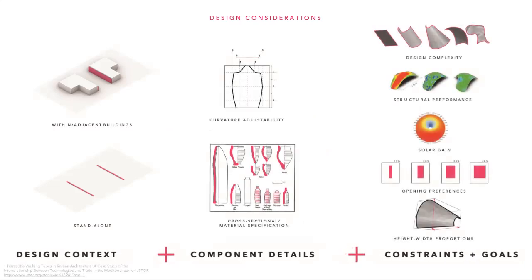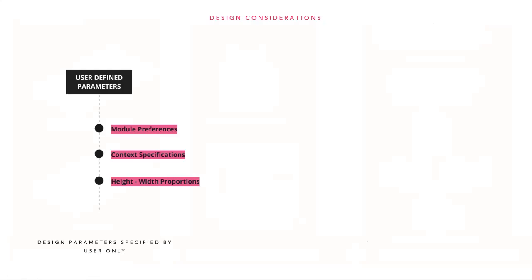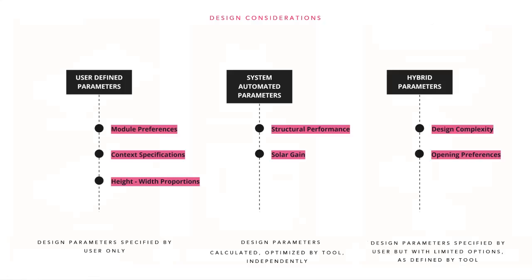The design considerations occur at three main stages: definition of design context, definitions of component details, and setting the constraints and goals for the final structure. A combination of parameters defines the features included in the final structure. These could be user-defined, such as the drive surface or the module preferences, etc., or system automated, meaning the user would have less or no control over the parameters.